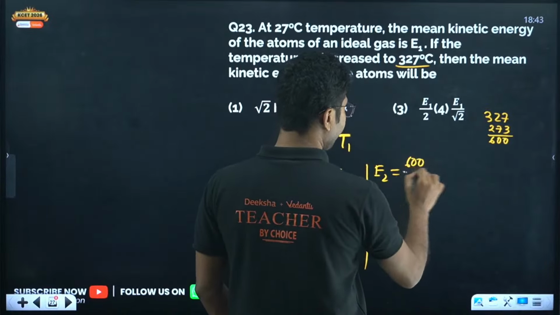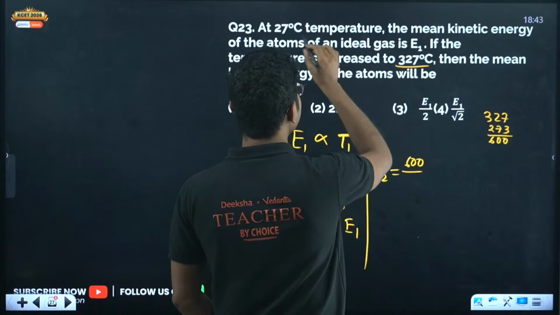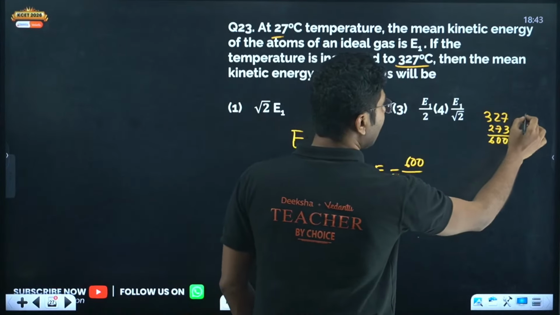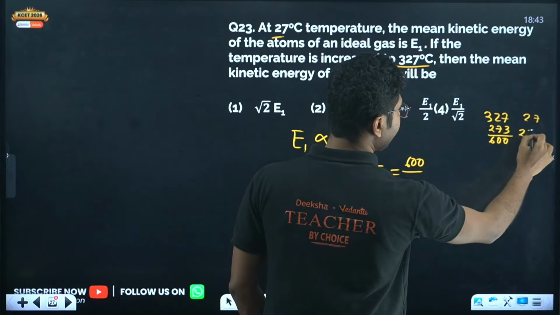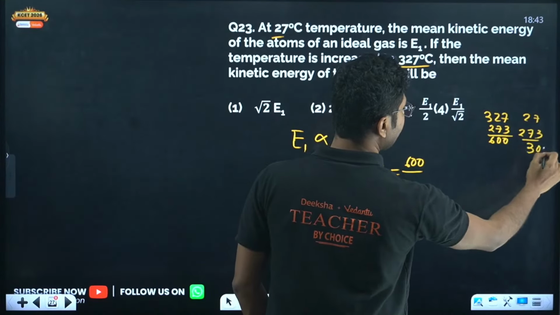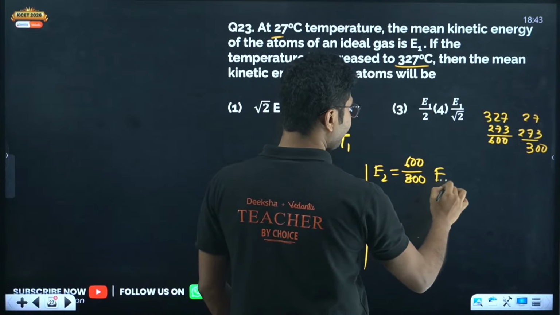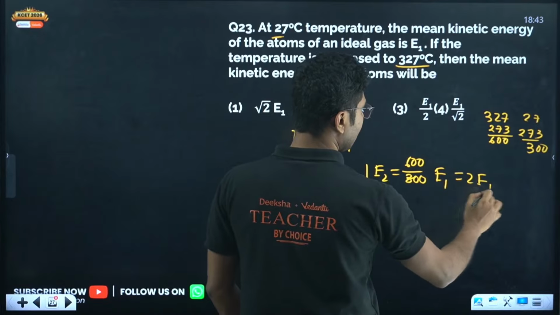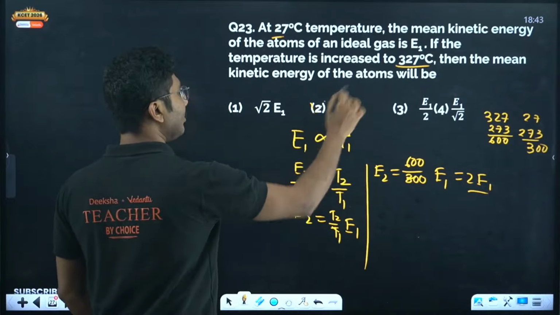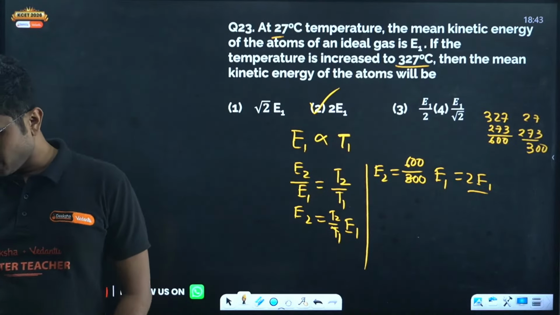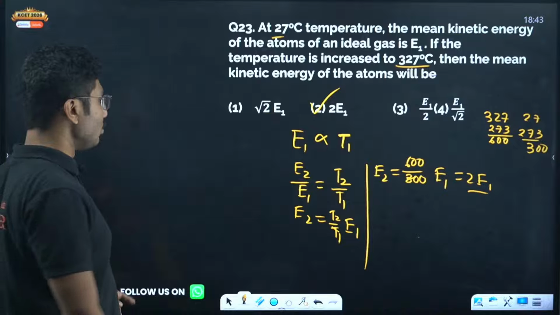So 600 divided by T1, which was 27 degrees. 27 means 27 plus 273, that is 300. So that is 600 by 300 into E1. So it will be 2E1. 2E1 is the correct answer. Yes, the correct answer is 2.